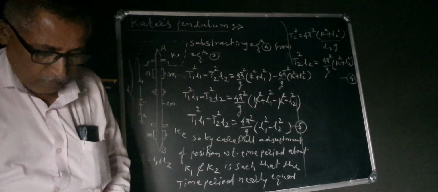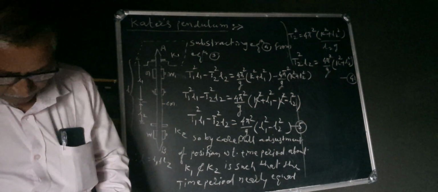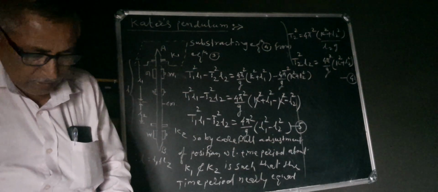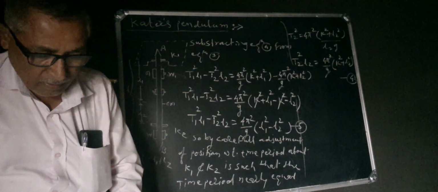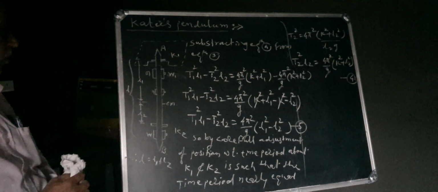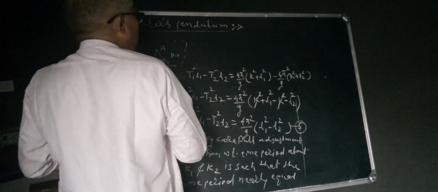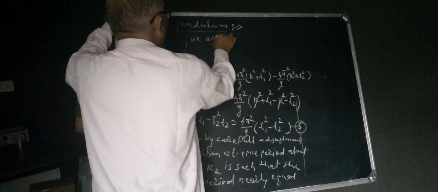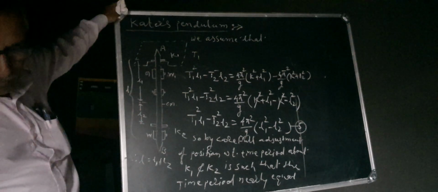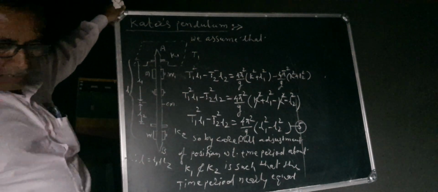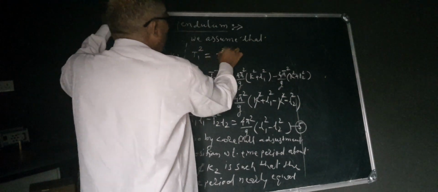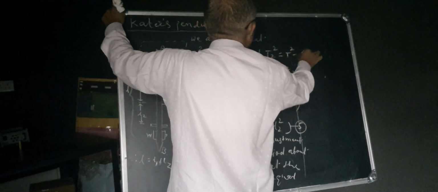Therefore, we can simplify this equation into the next equation, and that equation is like this. Therefore, we assume that T1 square equals T square plus alpha and T2 square equals T square minus alpha.